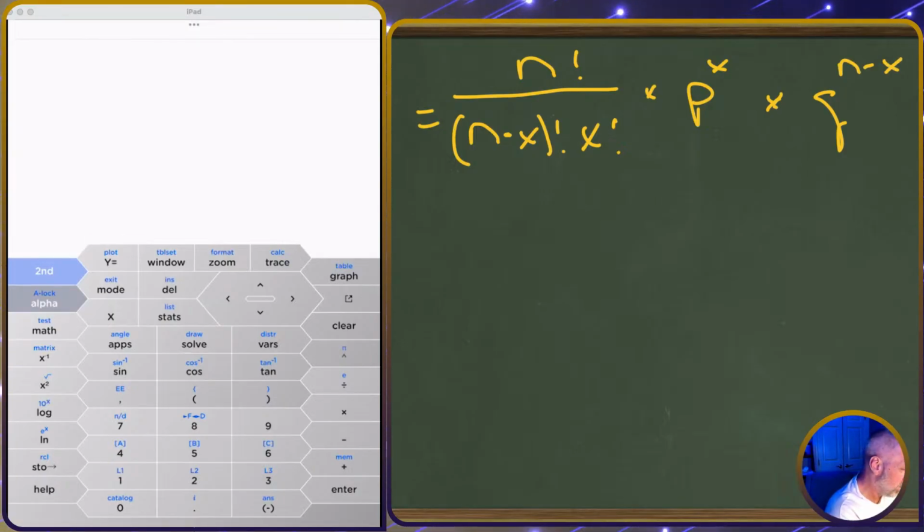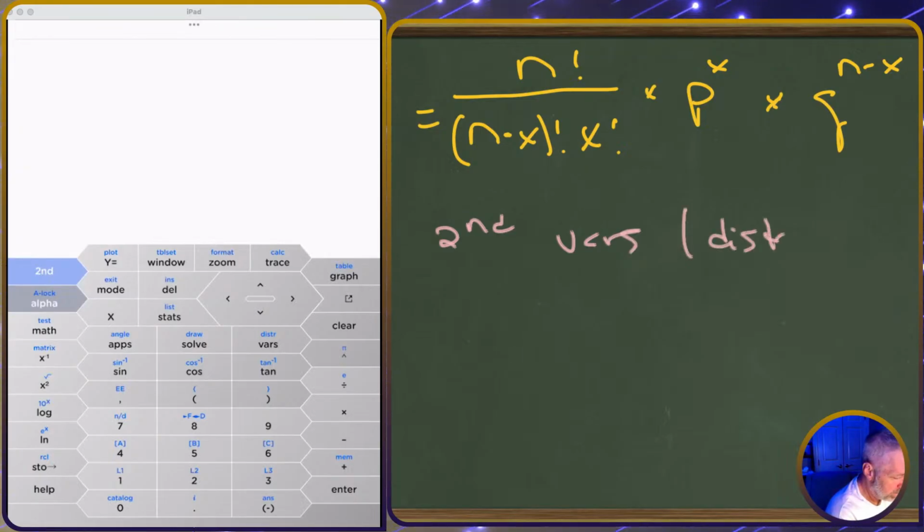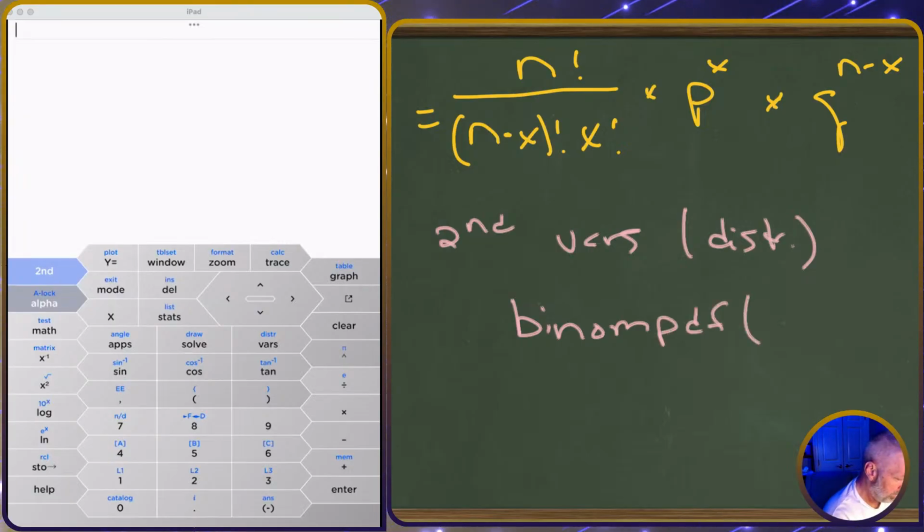We also worked, those of you that were in class, let me switch colors here. We also worked on using 2nd VARS, and that brings you to the DISTR, to your distributions, right? And then we worked with binompdf.